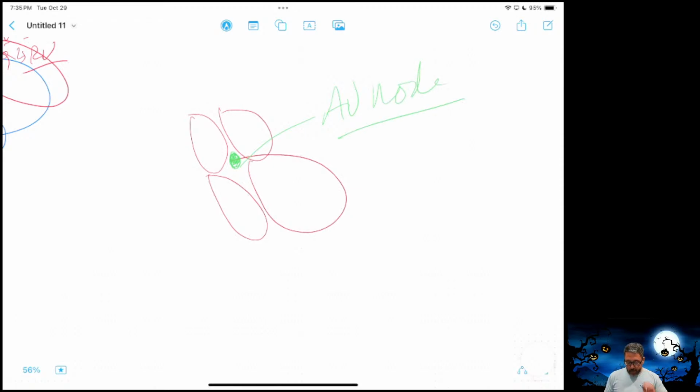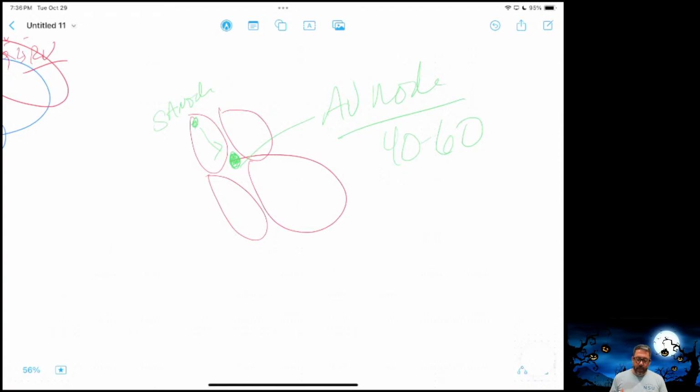Normally, the SA node fires and it tells the AV node what to do. Sometimes the SA node falters and it gets sick, sick sinus syndrome, and it's not going to work as much. So it stops sending signals to the AV node to do anything. The AV node has an intrinsic rate of 40 to 60.